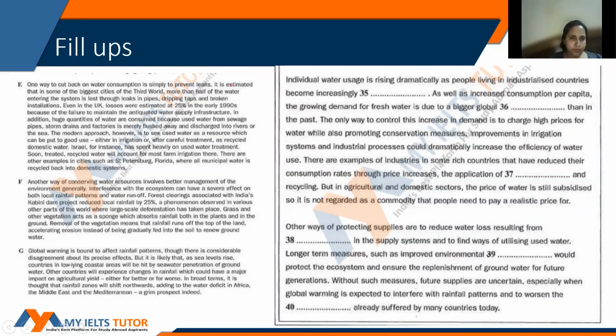Now, longer term measures. Management, okay. Such as improved environmental management. Environmental is a keyword. I will see where they are talking about the environment. It's in paragraph F, second line: another way of conserving water resources involves better management of the environment generally.